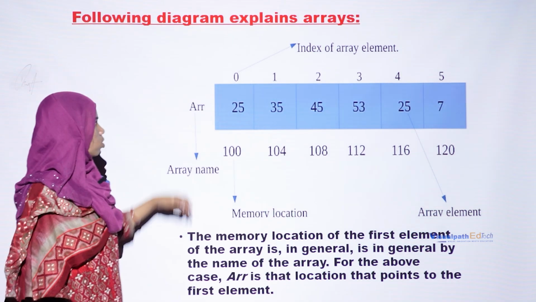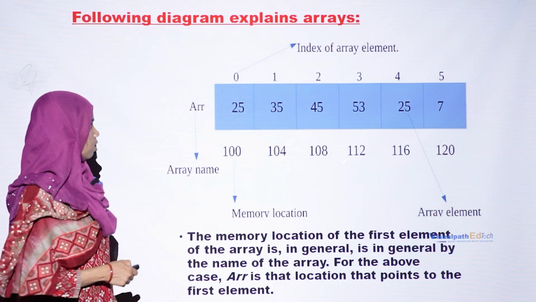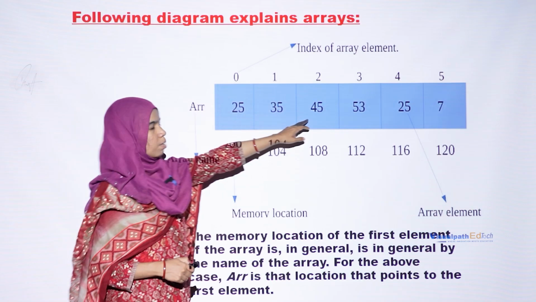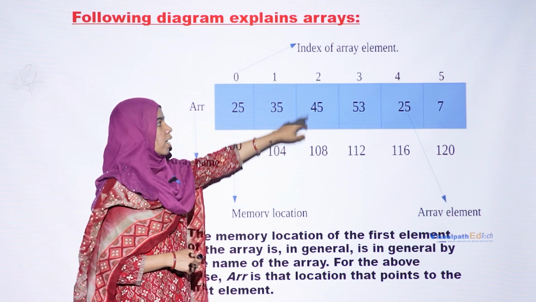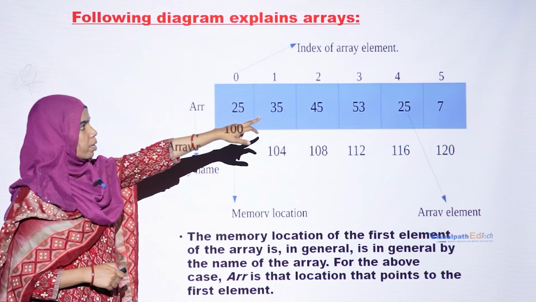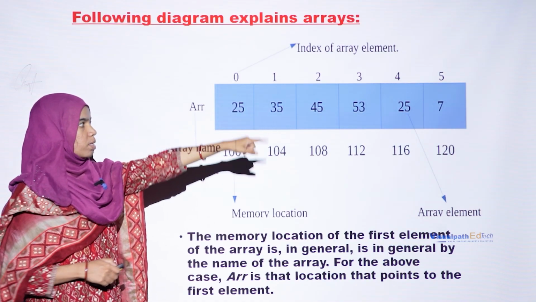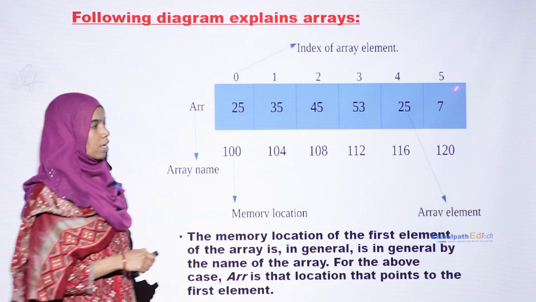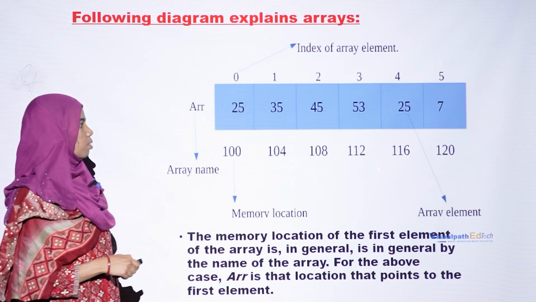If you want to see what element is at index 2, you can directly get to know that element 45 is located at index 2. Likewise, if you want to find the element at index 5, you will find that it is 7. 7 is the integer value available at index number 5.